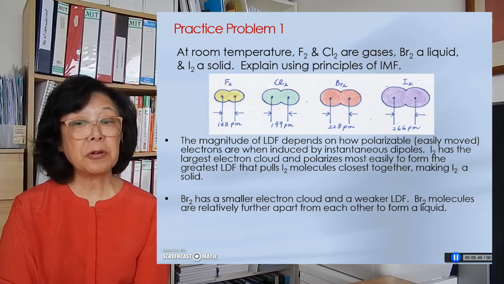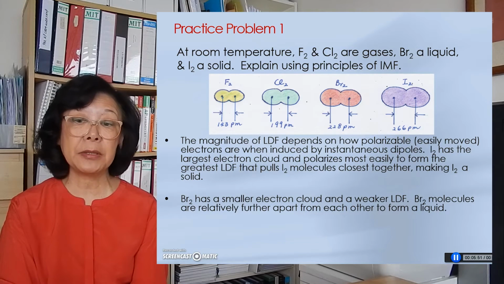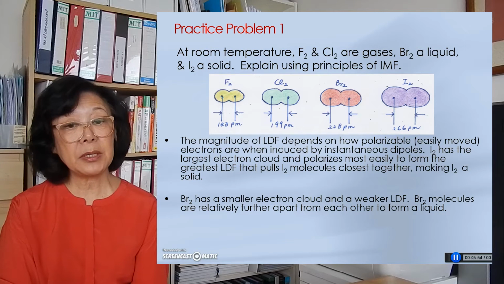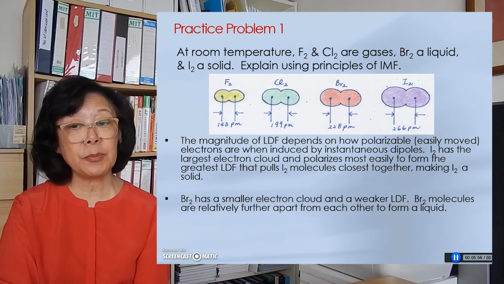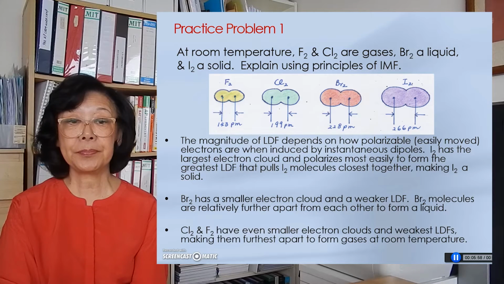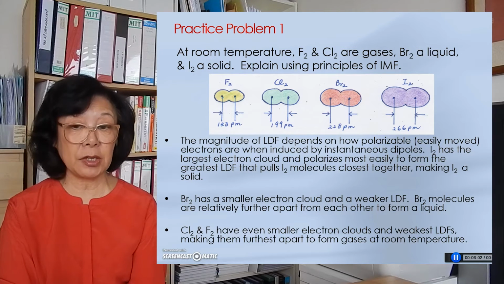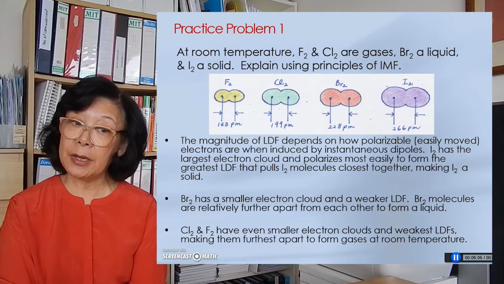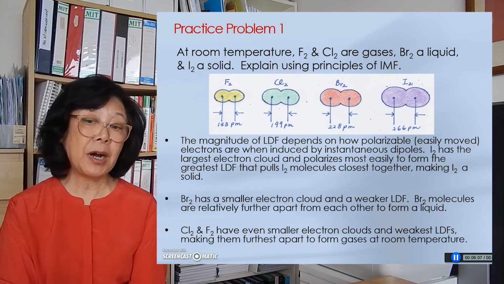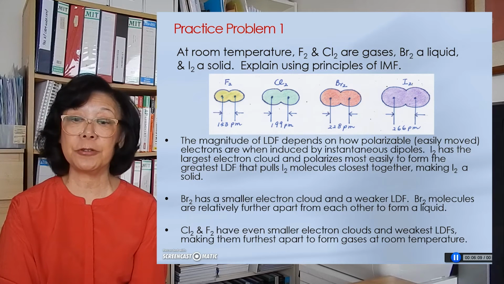Bromine has a smaller electron cloud and a weaker LDF, and therefore bromine molecules are relatively further apart from each other to form a liquid. Chlorine and fluorine have even smaller electron clouds and weakest LDF, making them really far apart to form gases at room temperature.